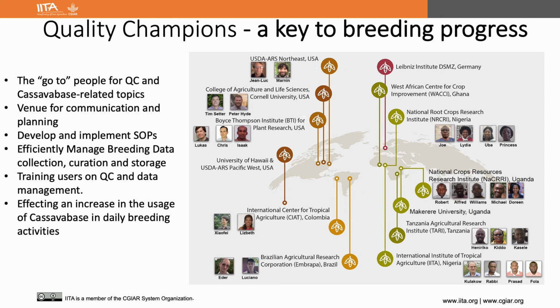Q champs are the first contact person to seek help related to any quality issues in their respective breeding programs. They are responsible for handling and uploading the quality data into CassavaBase. The other important role is capacity development, which requires regular training given to students, technicians, and supervisors on data management and mainly using CassavaBase.